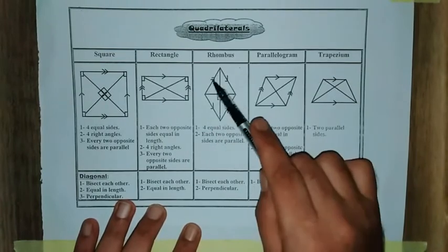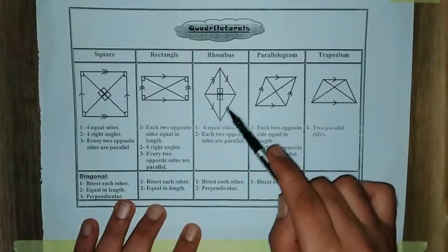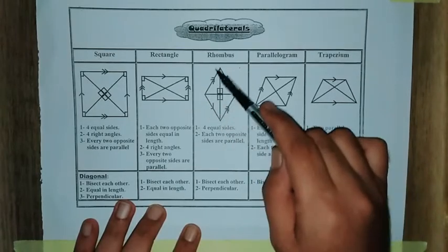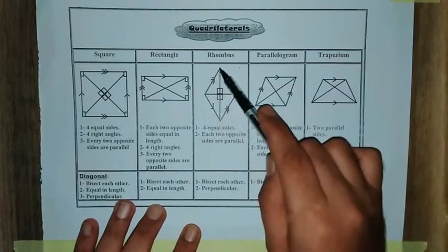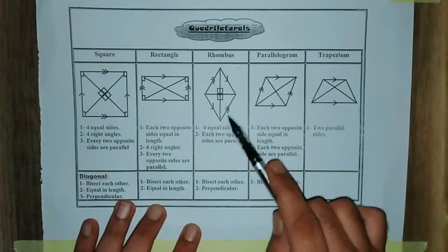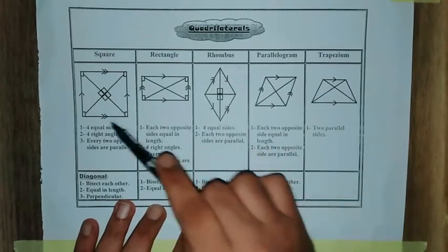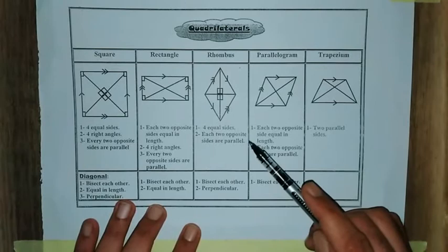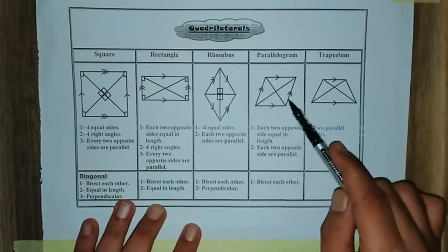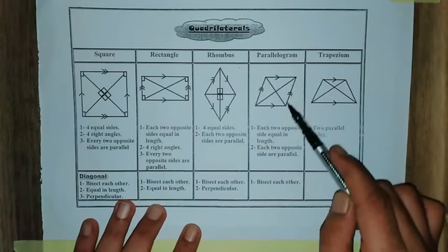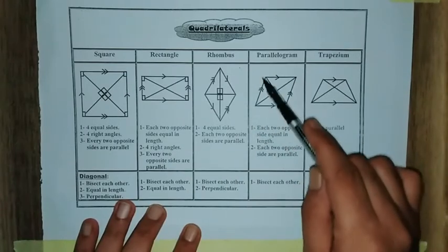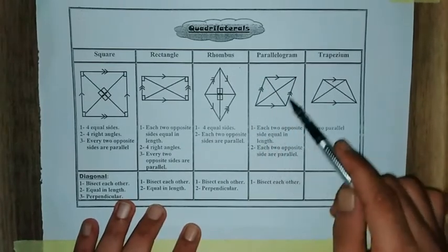Rhombus has 4 equal sides. Each two opposite sides are parallel. The diagonals bisect each other and are perpendicular like square. Parallelogram, each two opposite sides are equal and parallel. The diagonals bisect each other.